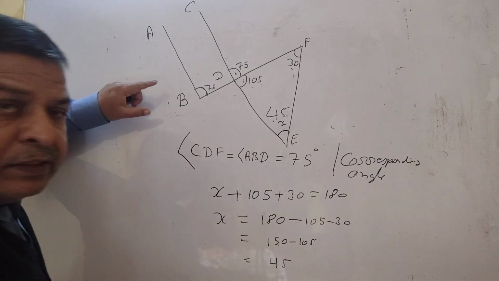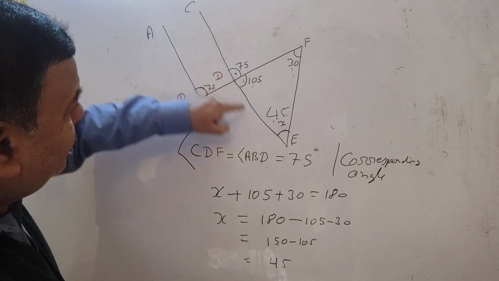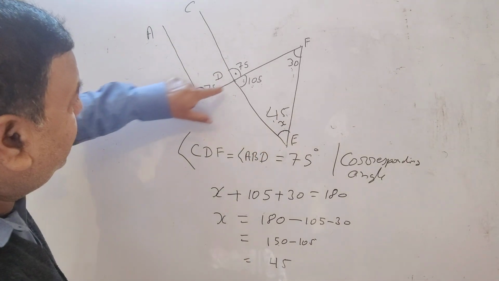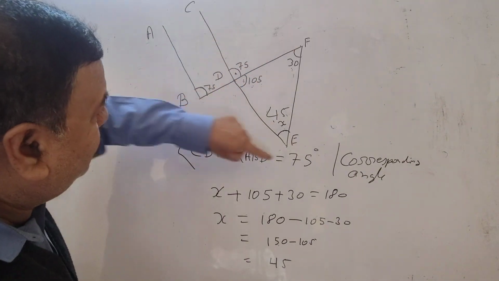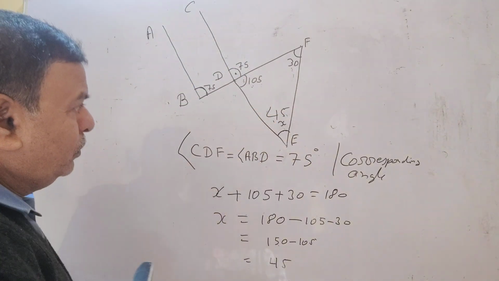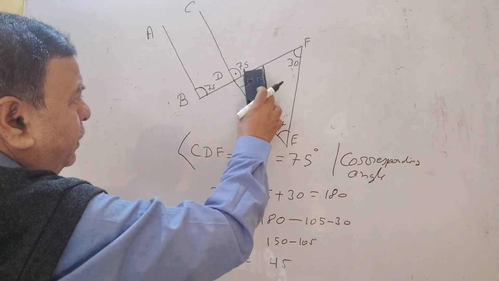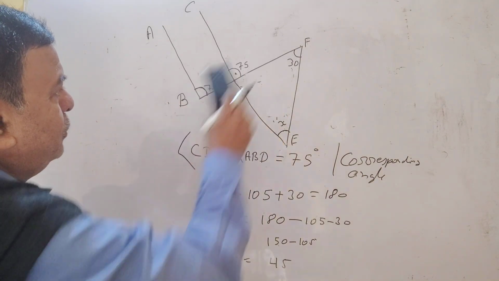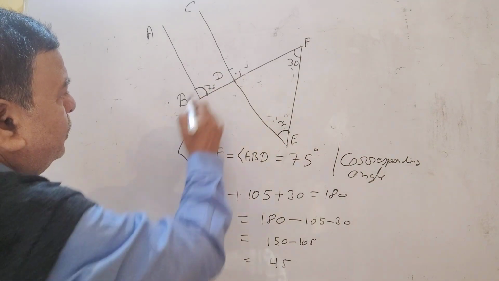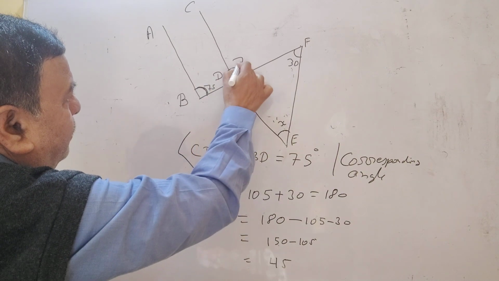Let me explain once again. AB and CD are parallel, it's given, and CD is extended up to E, BD is extended up to F, and it makes a triangle. This angle is given, this you have to find out, and this is also not given. So if this is 75, the corresponding angle will be 75.